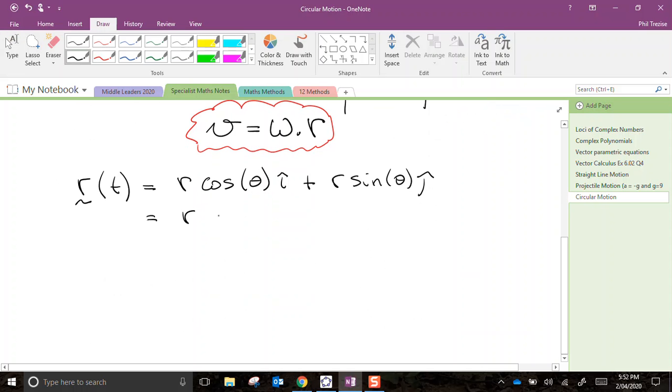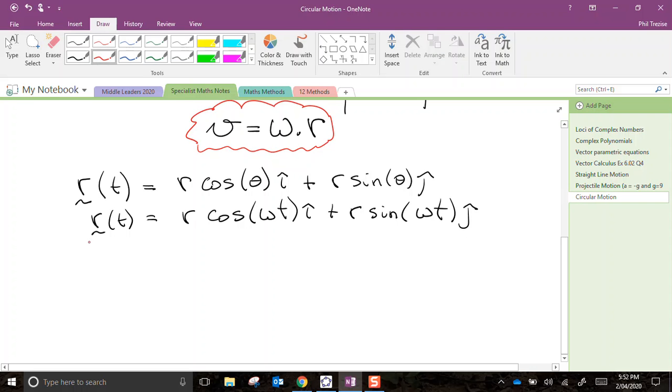So this is typically written as r cosine omega t by i plus r sine of omega t by j. That's the position vector r as a function of time.